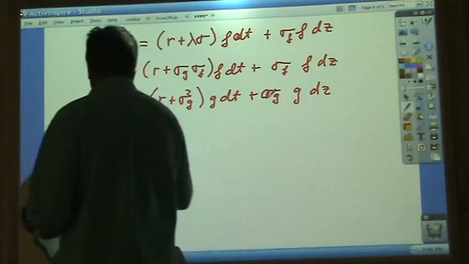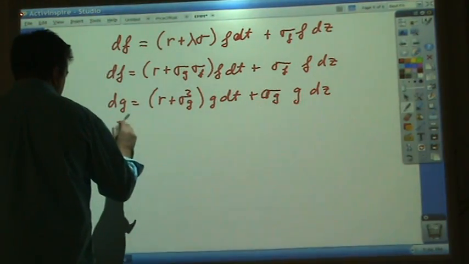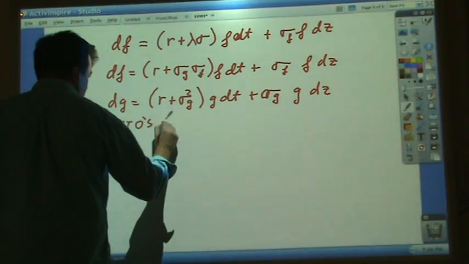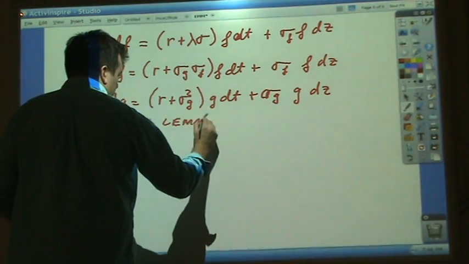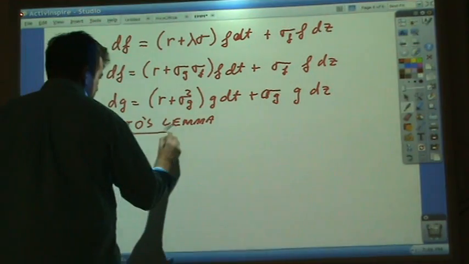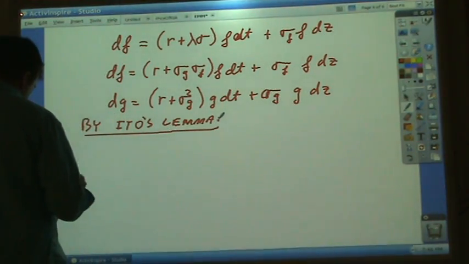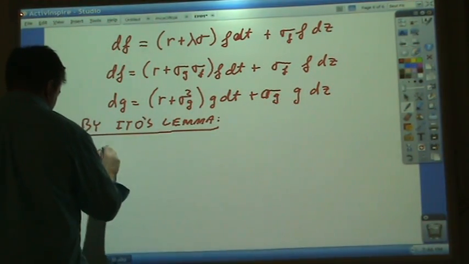Then by Ito's lemma, Ito's lemma would show this.